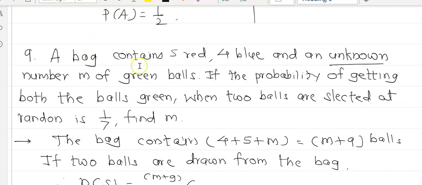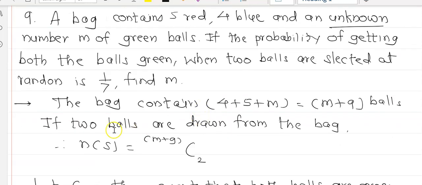Now see this again. A bag contains 5 red, 4 blue and an unknown number m of green balls. If the probability of getting both balls green when two balls are selected at random is 1 upon 7, then find the value of m. The bag contains 4 plus 5 plus unknown m, that is m plus 9 balls.